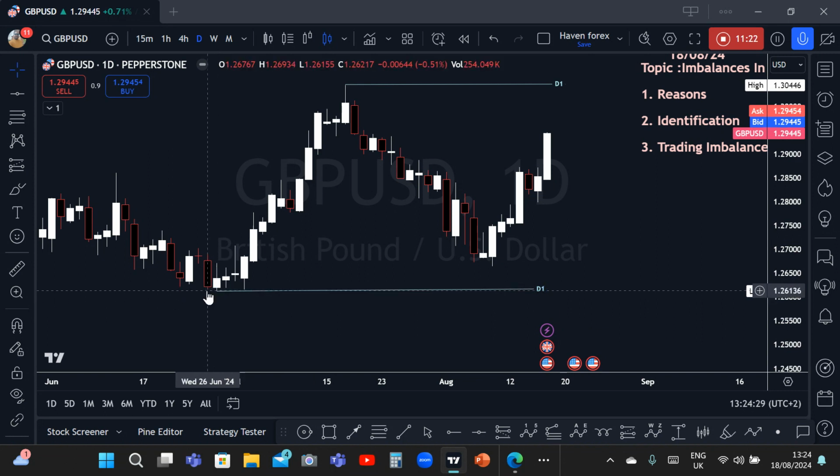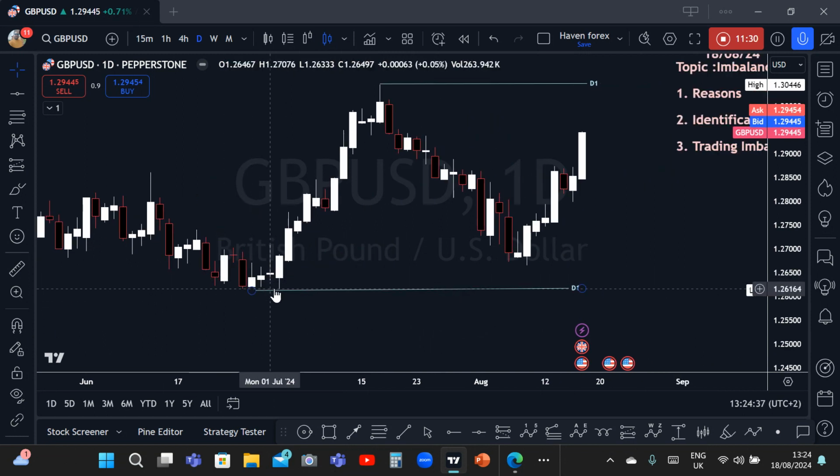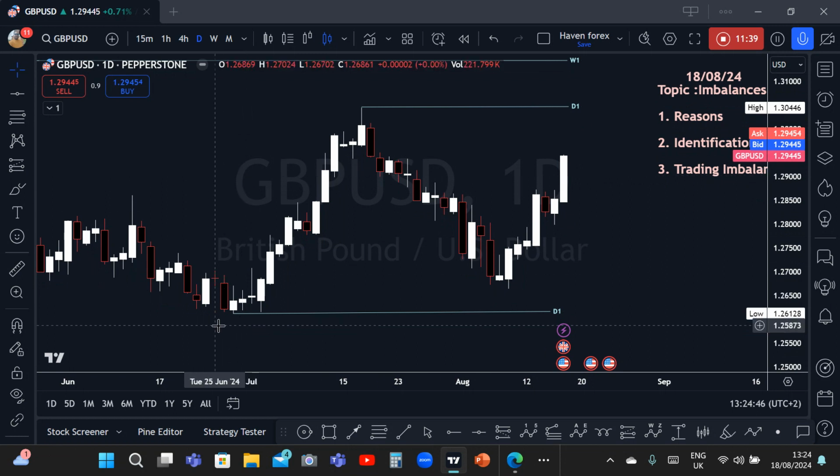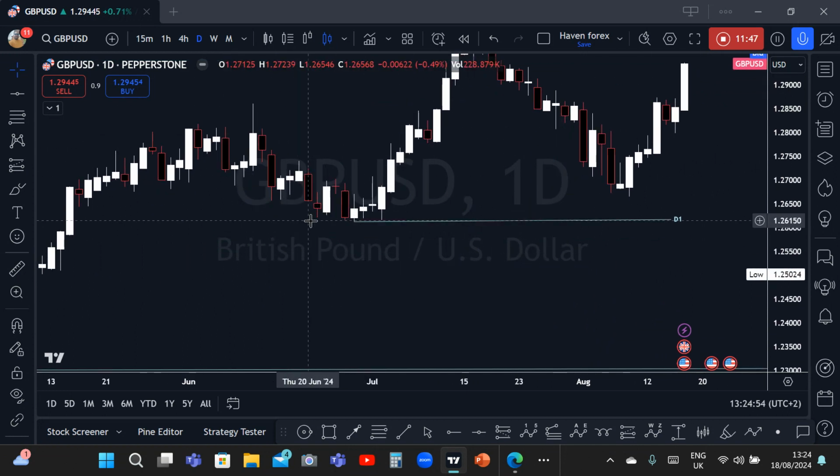So many others are waiting patiently for price to pull back to this point. If all those orders are many here, those volumes will make the market move swiftly, and what will happen? It will create an imbalance. It's very simple.